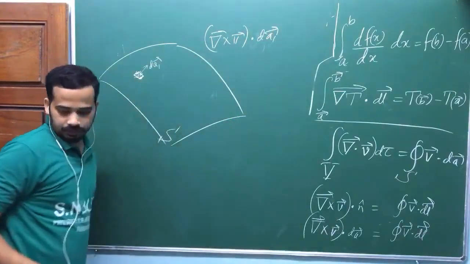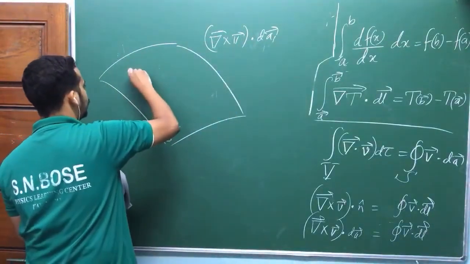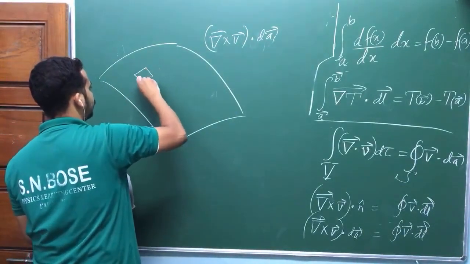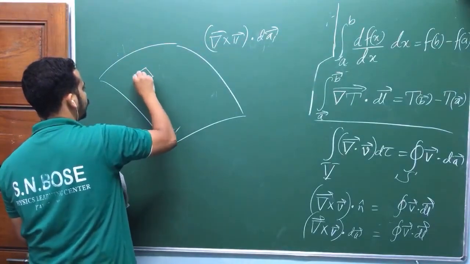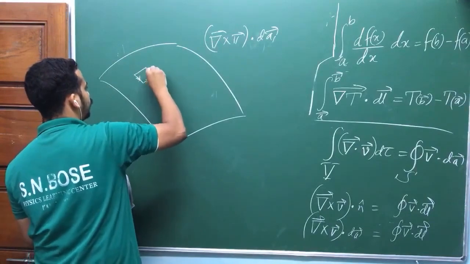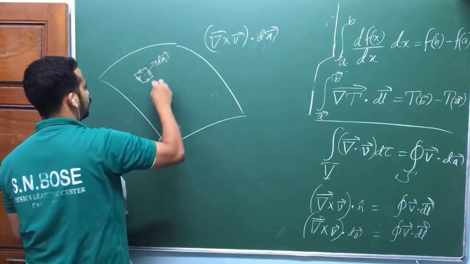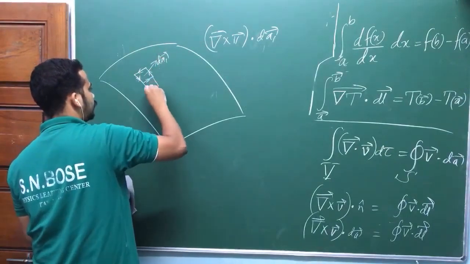Like that, I will take one more. So let me draw a little bigger, but you should take it as infinitesimal. Is that okay? So your dA vector is like this, dA1. So let me again generate like this.